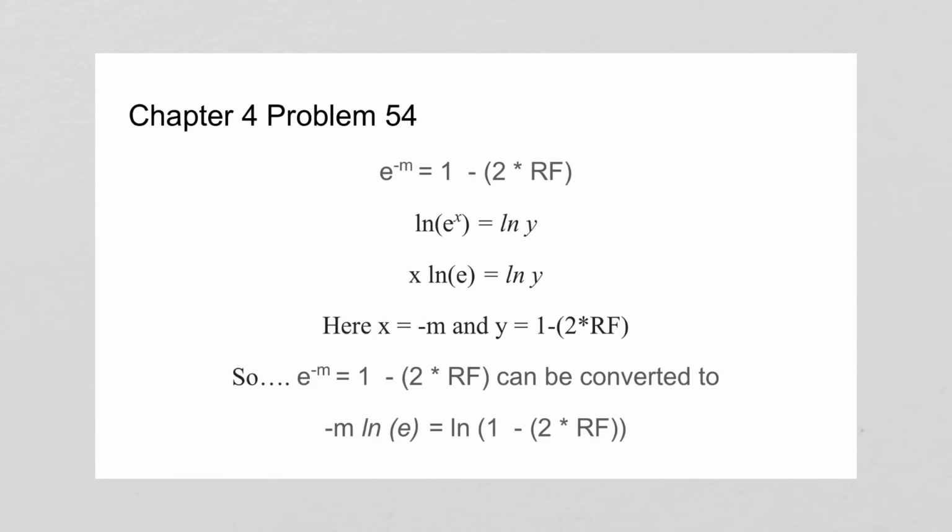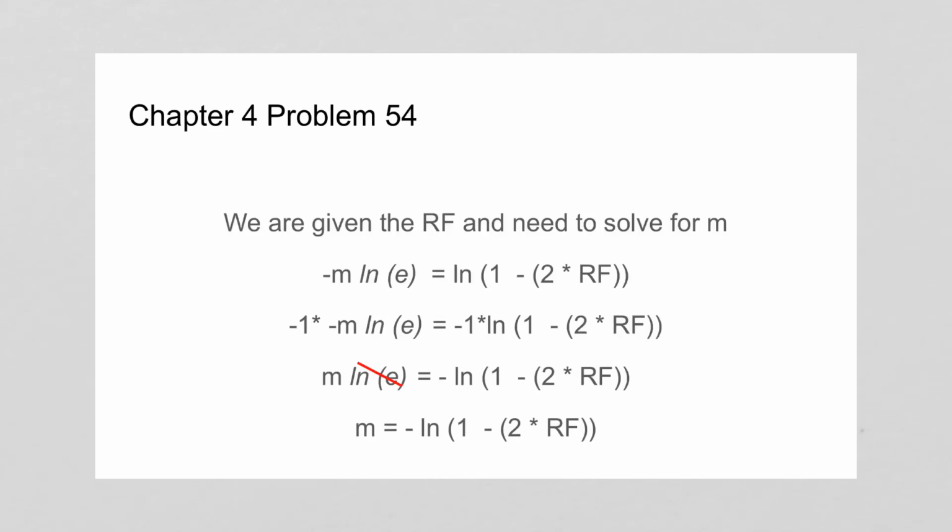So we can convert our equation into negative m times the natural log of e equals the natural log of 1 minus 2 times the recombination frequency. Believe it or not, this new equation is very solvable.